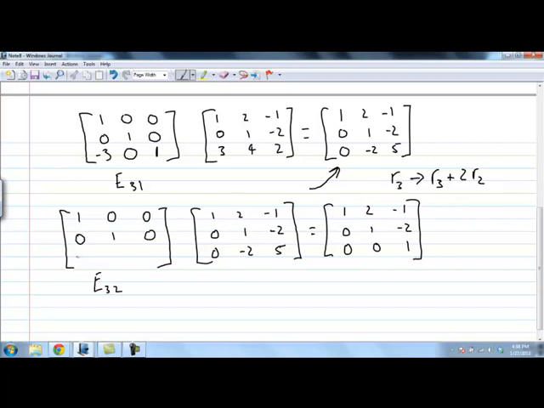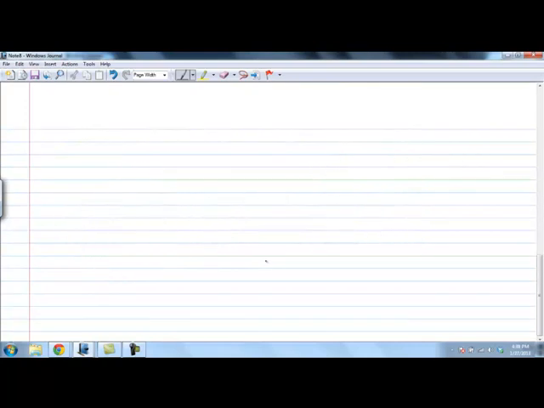We didn't use row 1 in this step, so we have a 0 in this position that will multiply through row 1. We needed 2 of row 2, so we put a 2 in this position that will multiply through row 2, and we used 1 row 3. So now we have our final elimination matrix E32. Now, we started out with an A matrix.